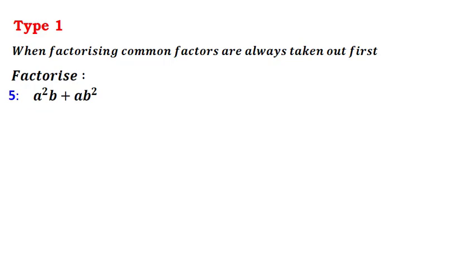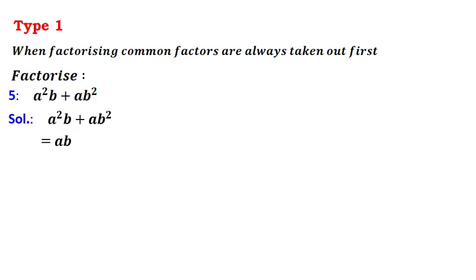a square b plus ab square. First see the variable a. In the first term I have a square, in the second term I have a. So from a square and a I can take a common. Then from b and b square I can take b common. So ab I can take common.